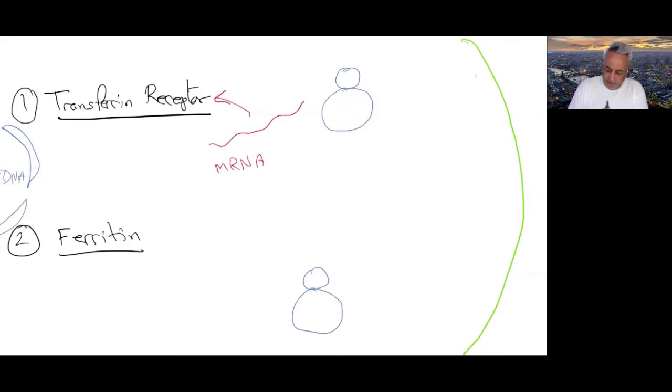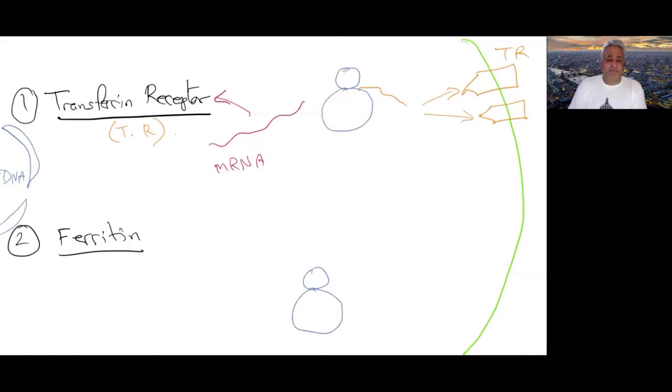And the protein then goes to work by sitting in the plasma membrane. So that's going to be your transferrin receptor. TR stands for transferrin receptor. Okay, so that's how these products are made in the normal course of what we understand is the central dogma for protein production.